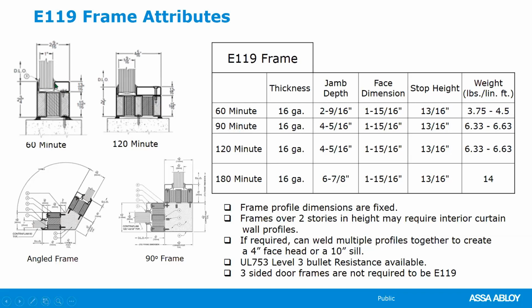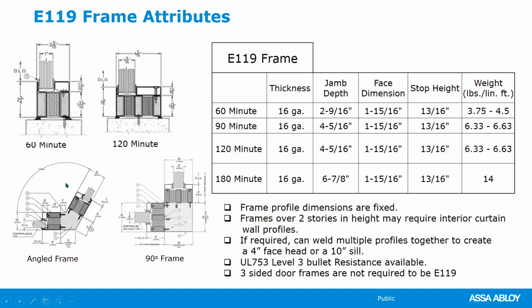Depending upon the size of the glass and the hourly rating, you may have a snap-on stop or an applied stop. Again, the studs for the snap-on stop are already prepped into the frame, and in the case of the applied stop, there's already a hole drilled to accept that fastener.